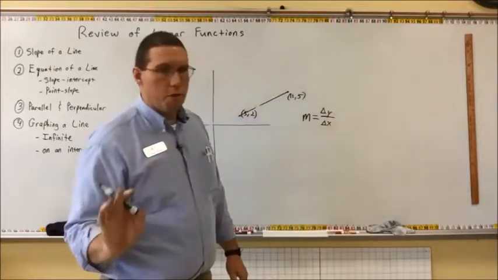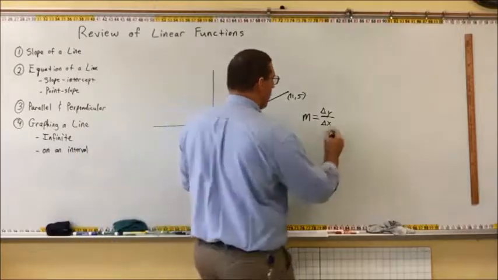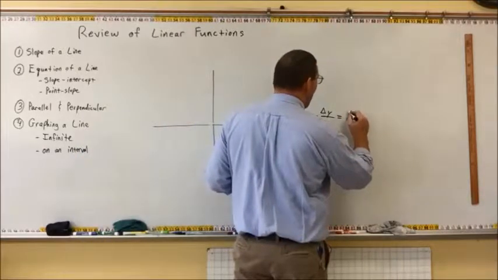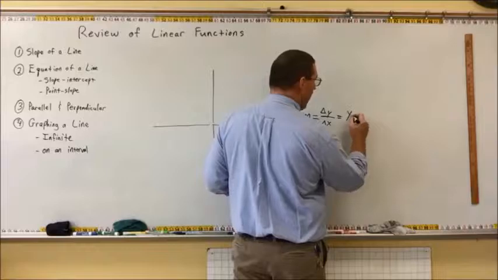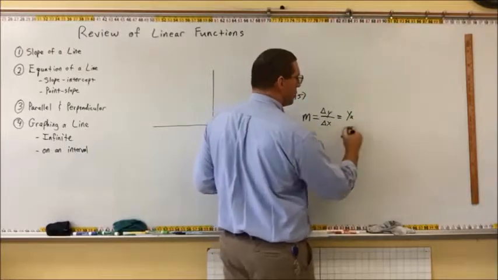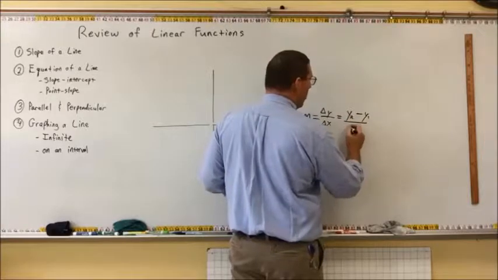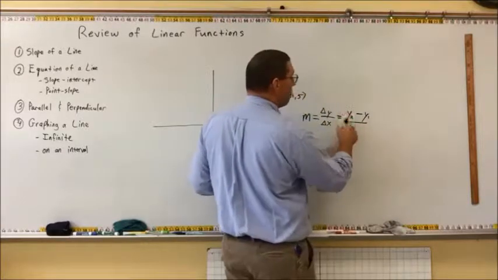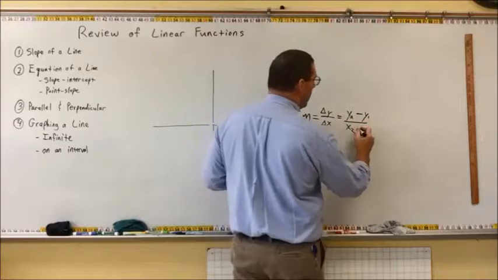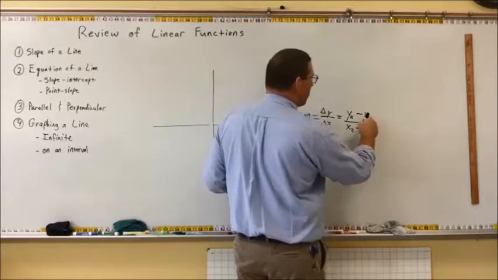But really, you just want the formula, and the formula is really simple. It's one of the y values, which we usually call y2, minus another one of the y values, which we'll call y1, over the x value that goes with this y value minus the x value that goes with the other y value.